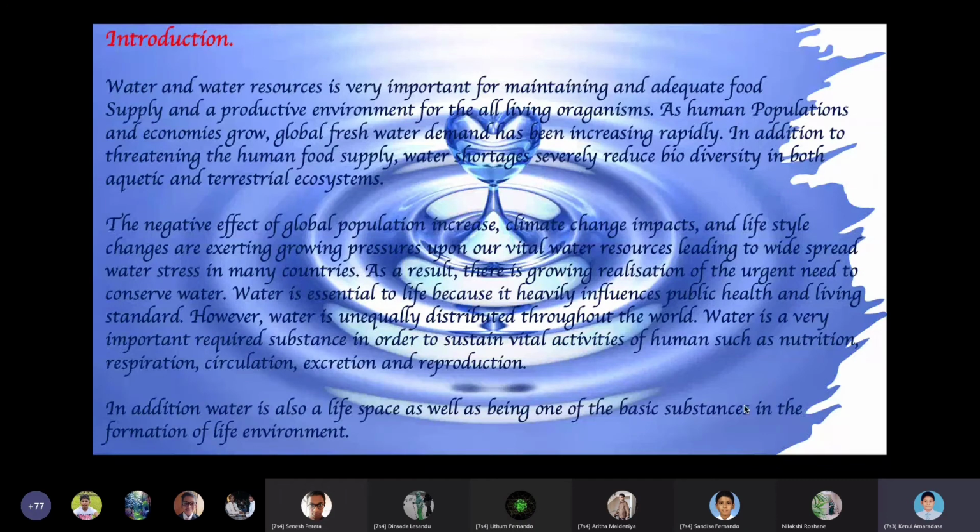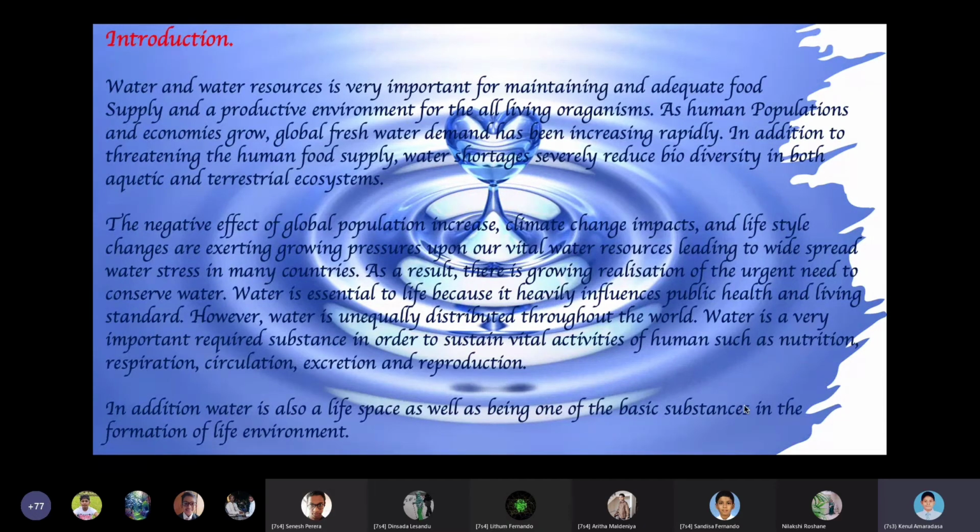As a result, there is growing realization of the urgent need to conserve water. Water is essential for life because it heavily influences public health and living standards. However, water is unevenly distributed throughout the world.